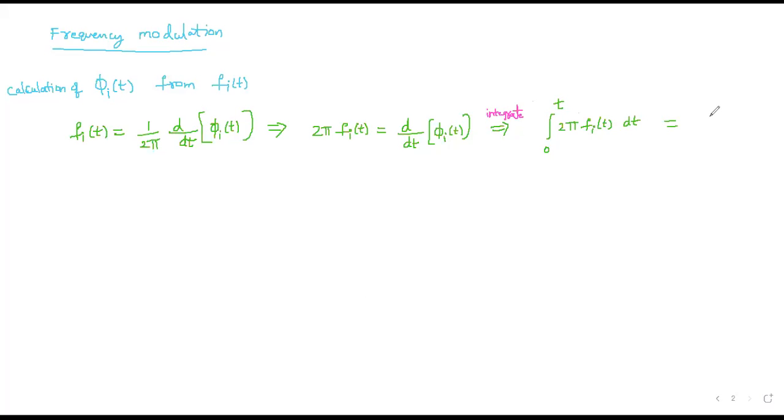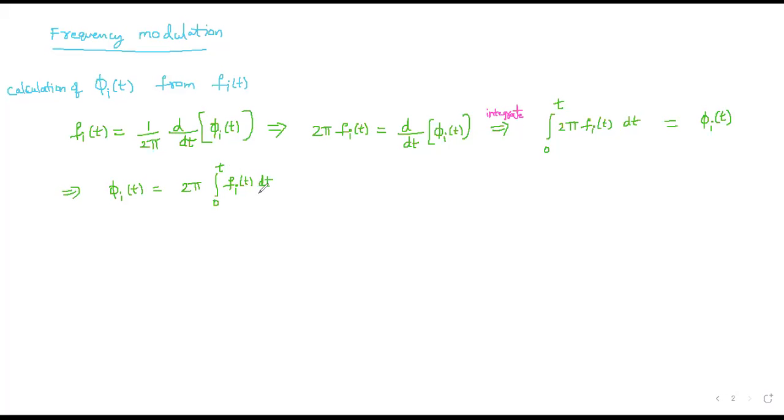So phi i of t is equal to 2 pi into integral 0 to t fi of t dt.